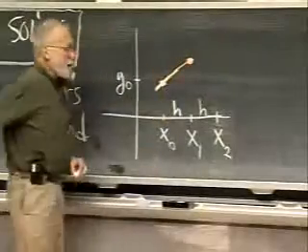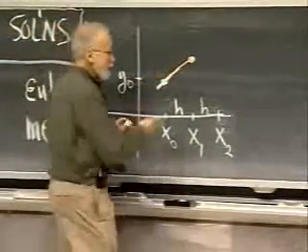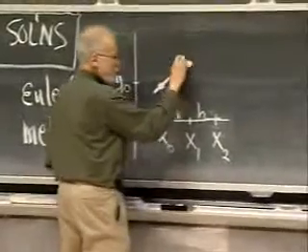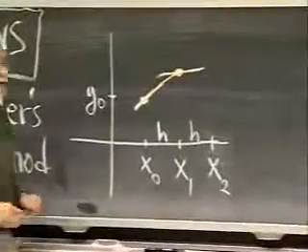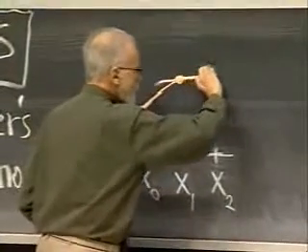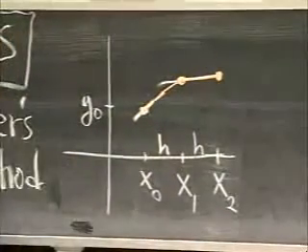We stop at that point, and now you recalculate what the line element is here. Suppose here the line element now through this point goes like that. Well, then that's the new direction that you should start out with, going from here. And so the next step of the process will carry you to here. That's 2 steps of Euler's method.